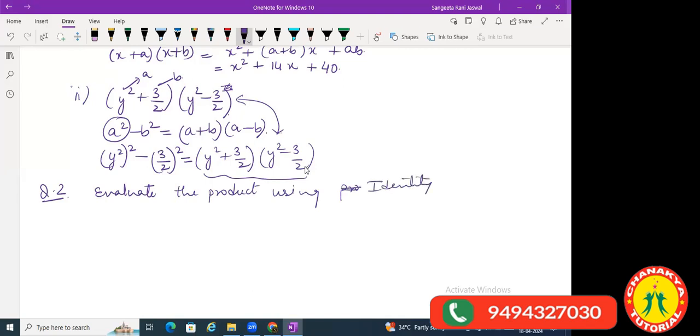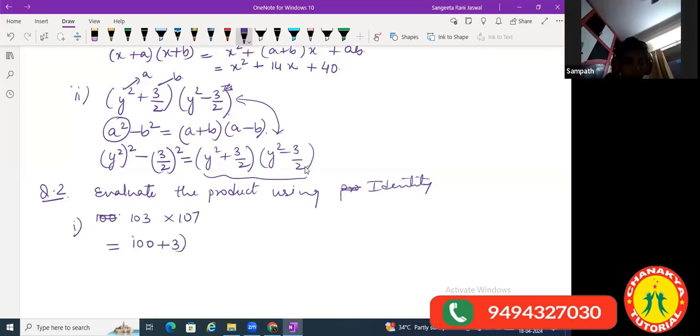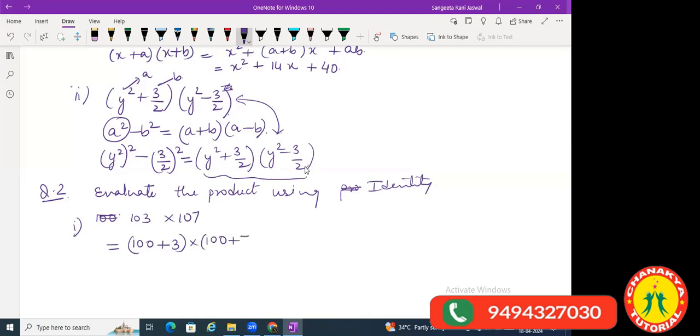Just think of whichever identity you can apply. This is 103 into 107. So how can we write this? We can write 103 as 100 plus 3, and 107 as 100 plus 7. That also we can write.